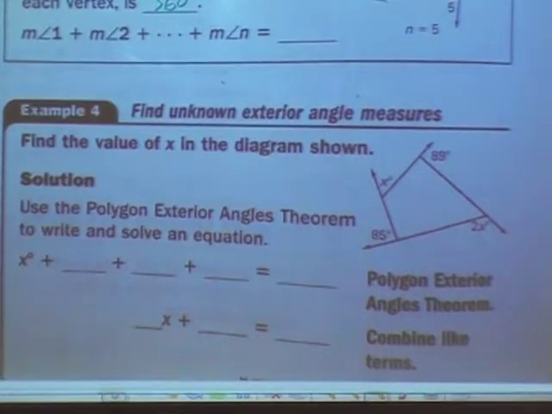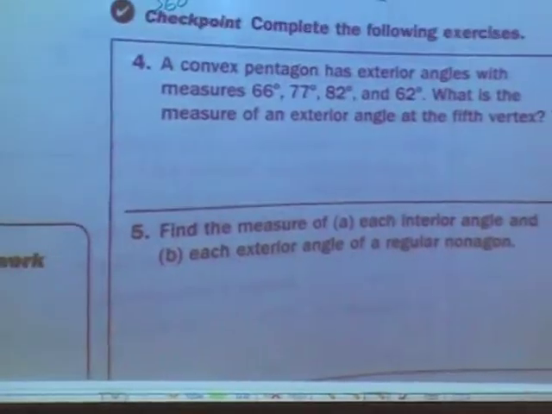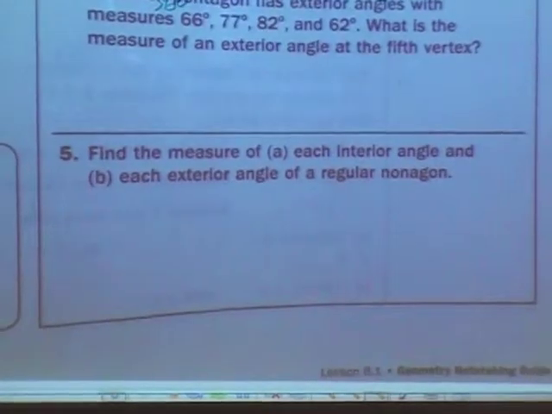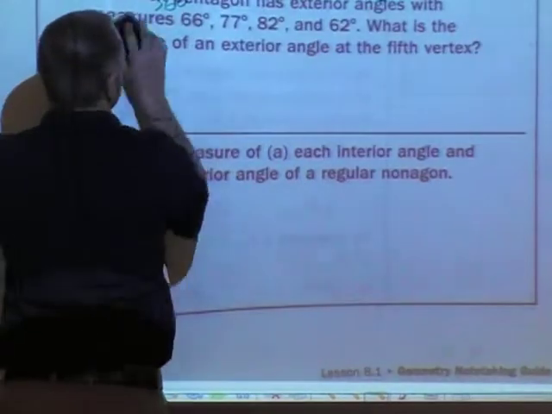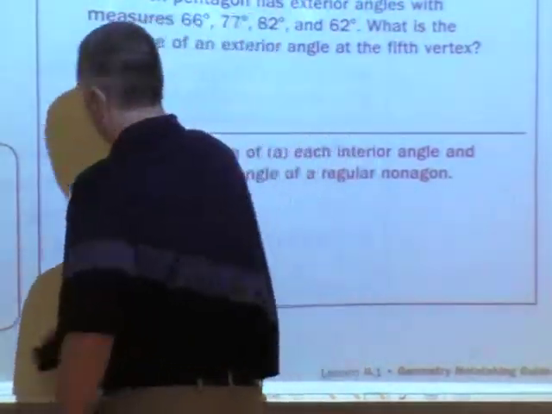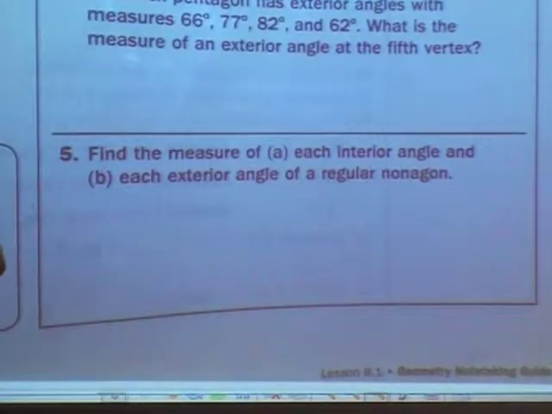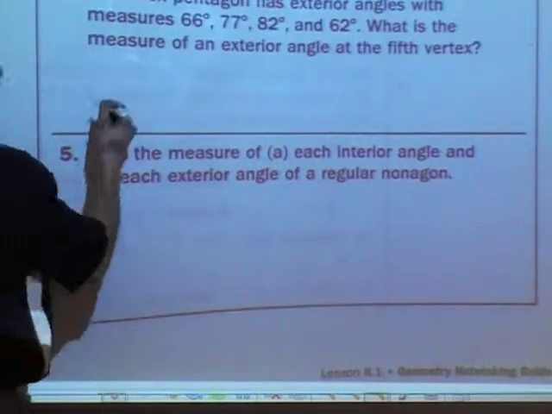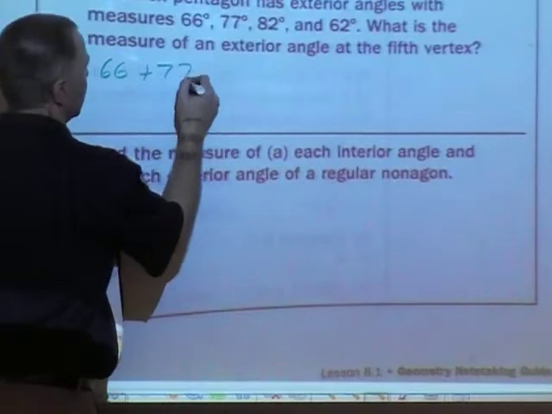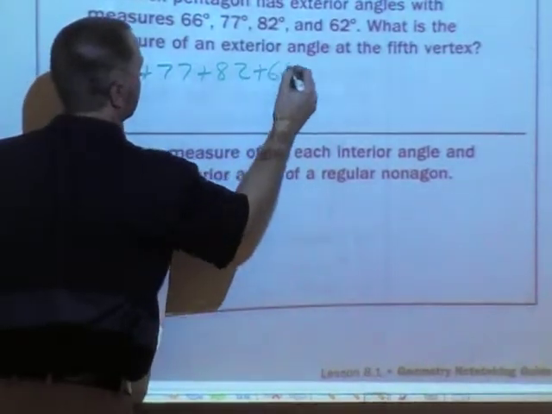Alright, having said that, then let's see if we do this one. Number 4, we'll do number 4 first. Convex pentagon has exterior angles. First of all, you need to know what the pentagon is. How many sides is a pentagon? Okay. It has exterior angles with these measures. So 66, 77, 82, 62.